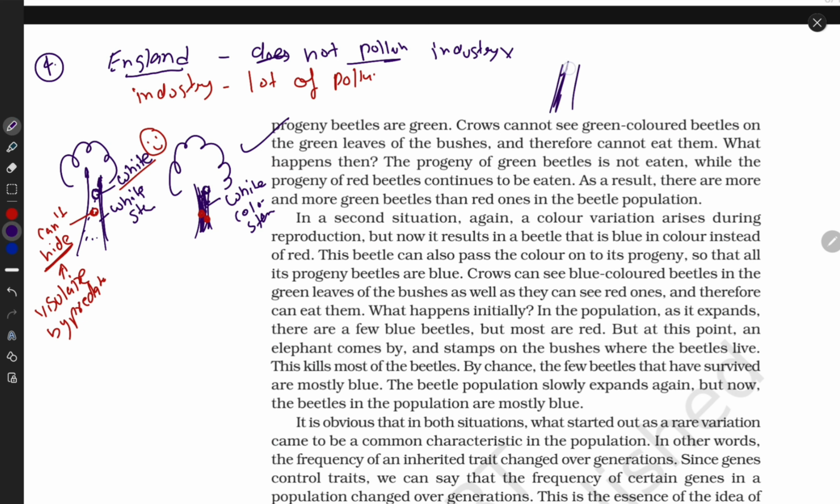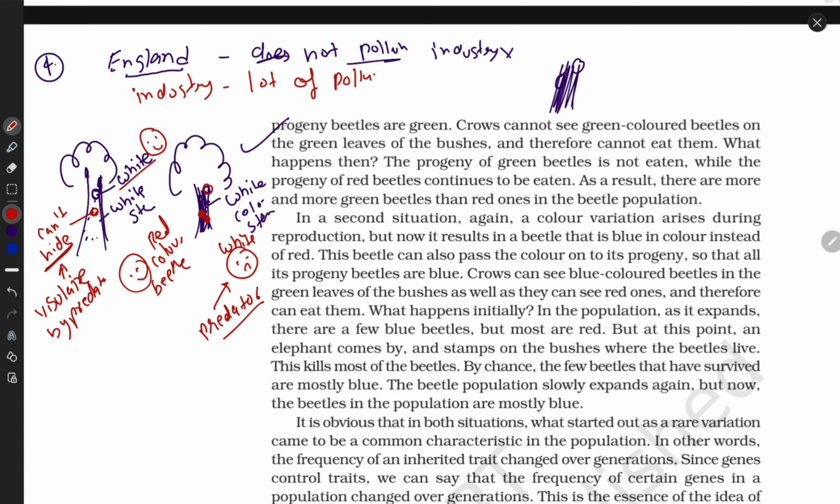No, it's a black color, and you see white color is easily visible. Now the red beetle is happy because no predator finds it. But the white one is sad because predators come and feed on them.